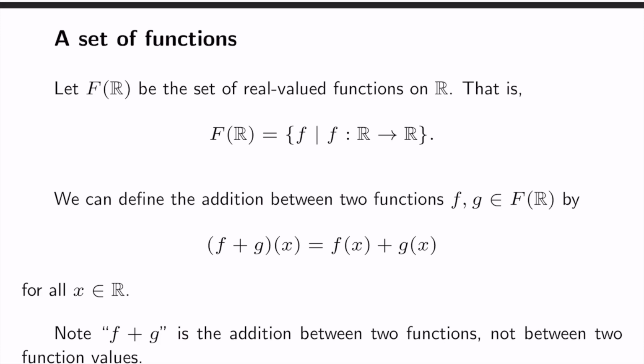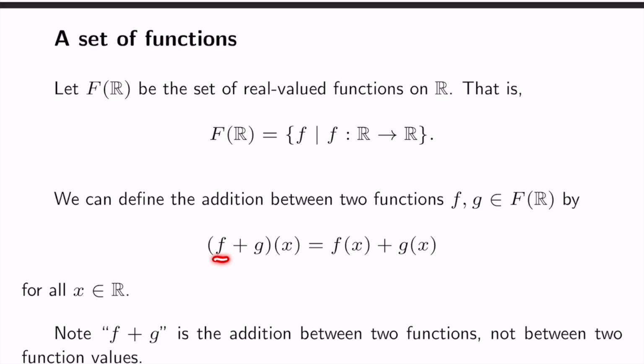And the final example of this video is the set of real valued functions on the real numbers. That means, let's say F(R), where R is the set of real numbers, is the set of all functions from real numbers to real numbers. Okay, then we can define the addition between two functions by this.